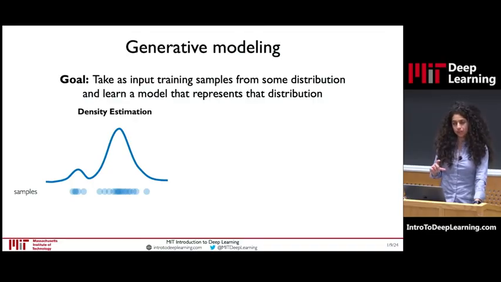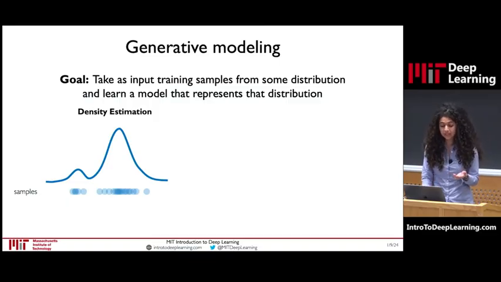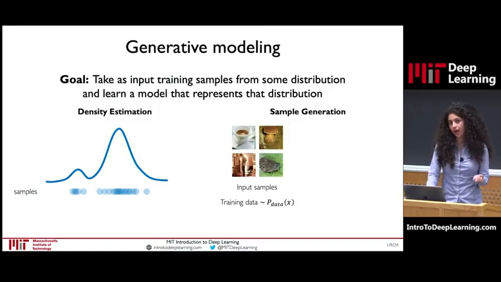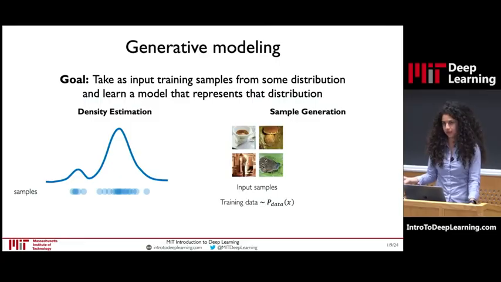The other thing we can do is take this learned probability density and ask: because we have this underlying probability distribution, what if I draw new samples from it?